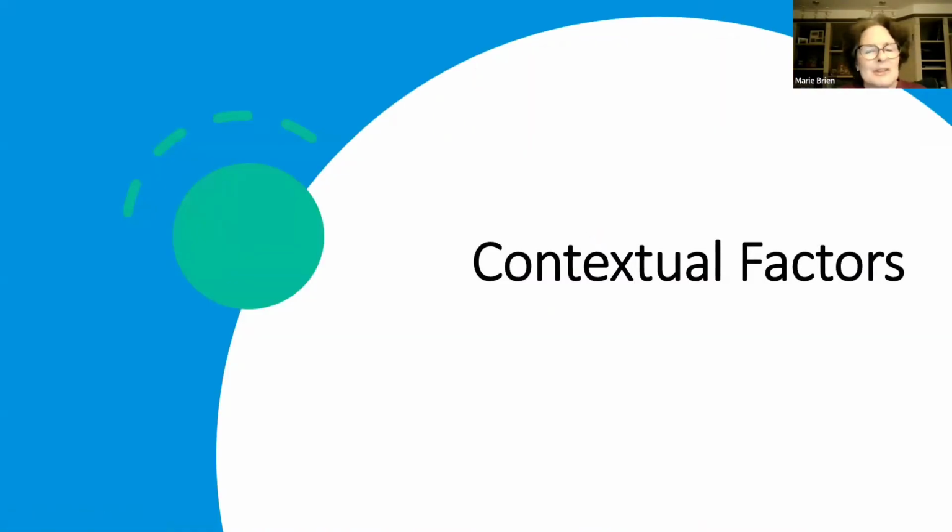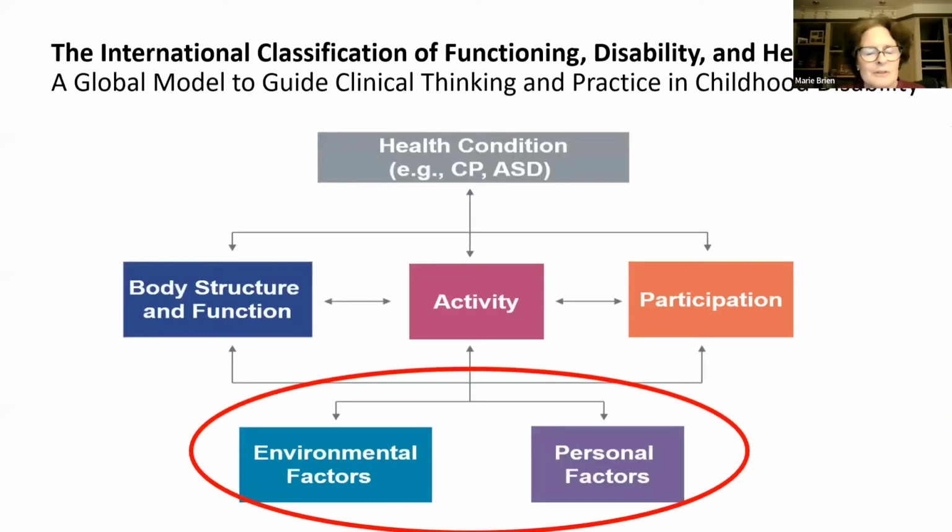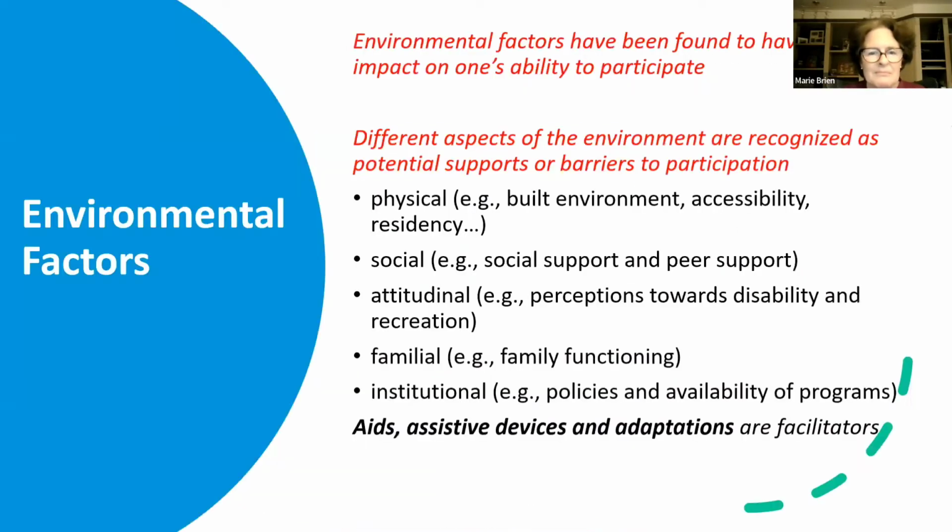Now let's look at the contextual factors. What are the contextual factors? They are the elements beyond the body: the environmental and the personal factors, which are so important. The environmental factors have been found to have a major impact on one's ability to participate. They can be either supports or barriers to participation. Environmental factors can be physical: the built environment, accessibility, the area where people reside. They can also be social: social supports, peer support.